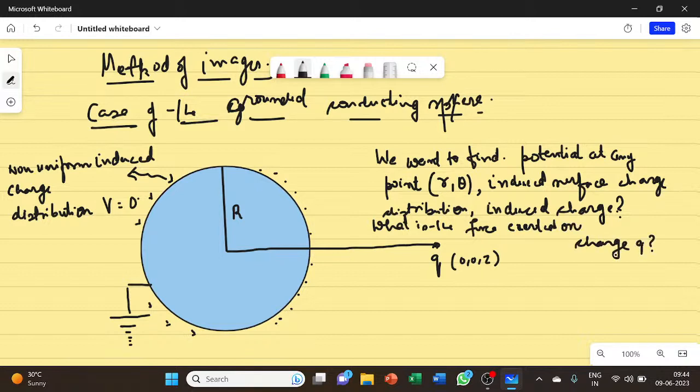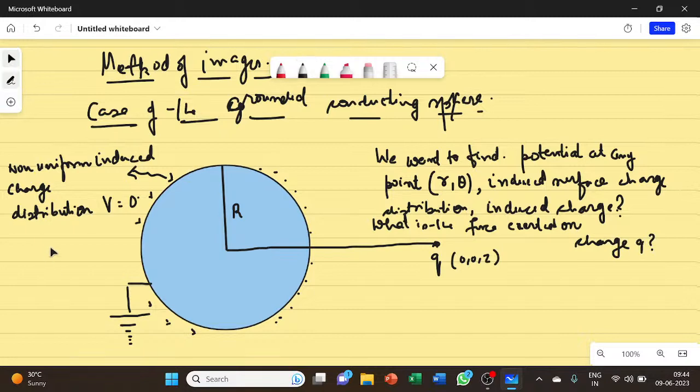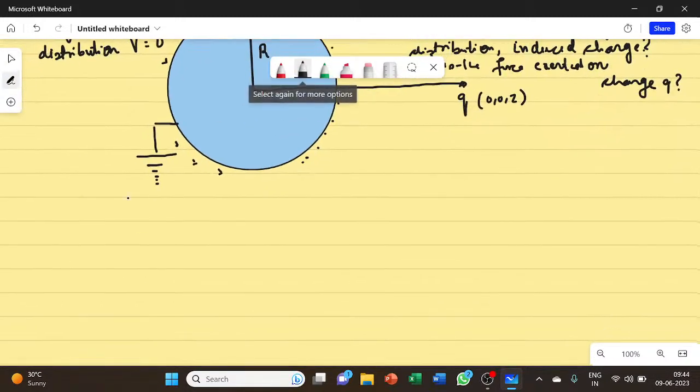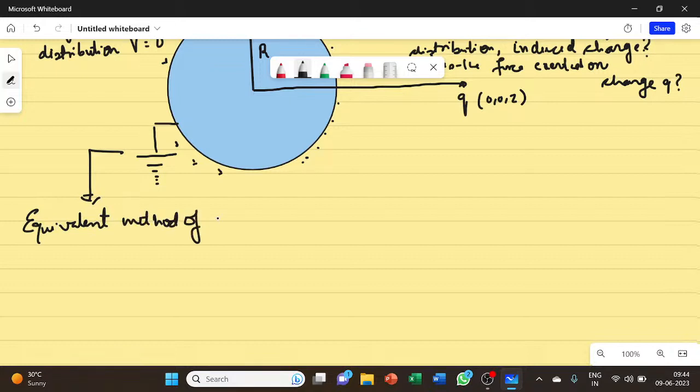Keeping all these things in mind, let us first develop an equivalent problem, as we did initially also. We'll try to establish an equivalent method of image problem.